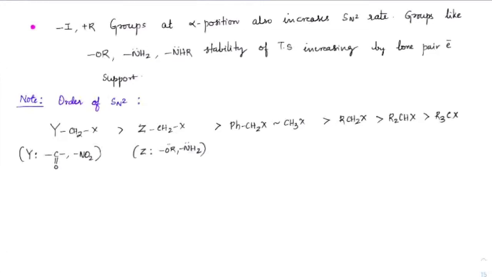And this X here could be chlorine, bromine, or iodine. This is the generic order.